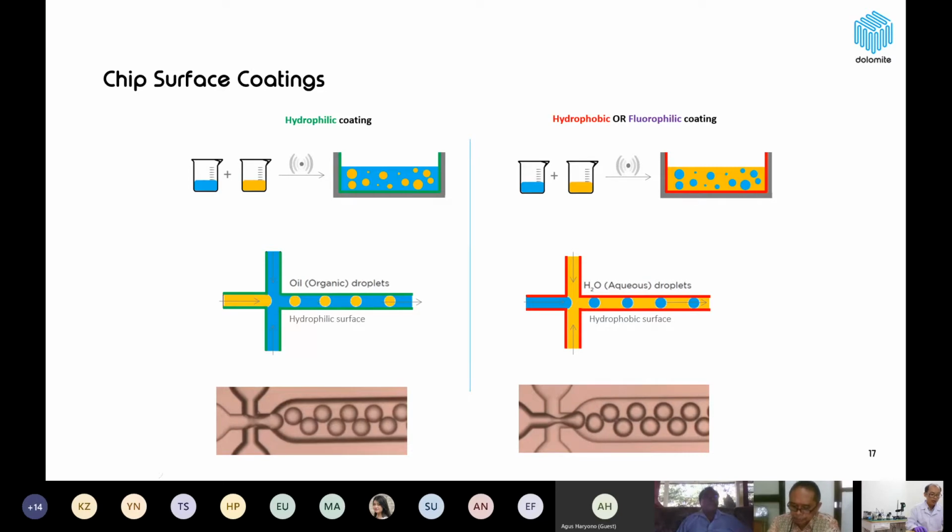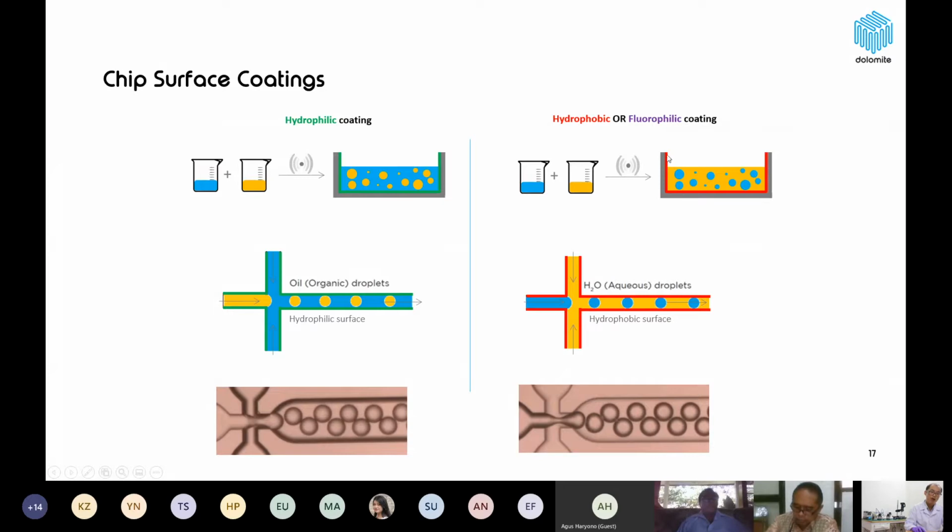In this case, the oil droplets will not contact the surface of the chip, so it can make the droplets more stable after formation. In the reverse way, if we want to make a water-in-oil emulsion, it means oil is the continuous phase.